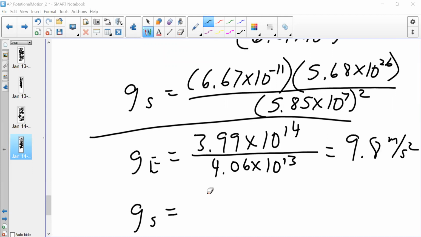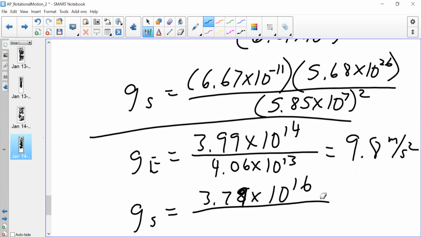So this, with all the sig figs, is going to get more precision or accuracy. So I'm going to say 3.79 times 10 to the 16th, 5.85, 3.42.